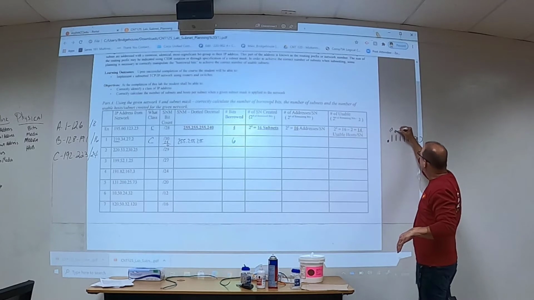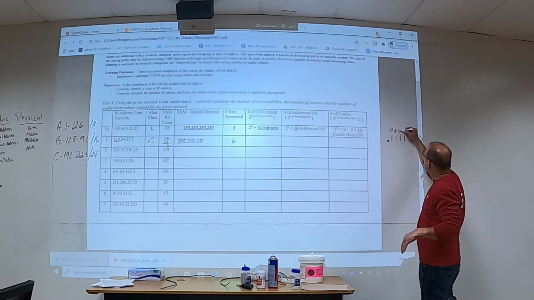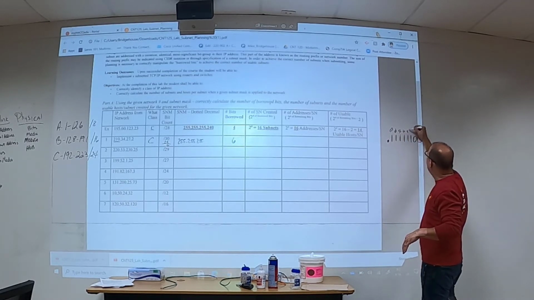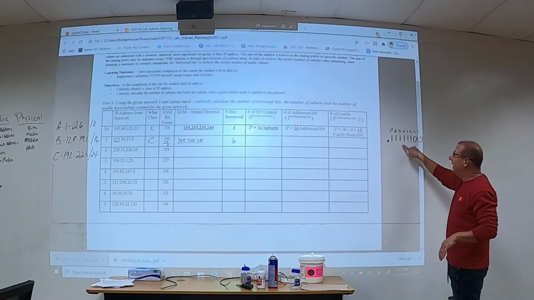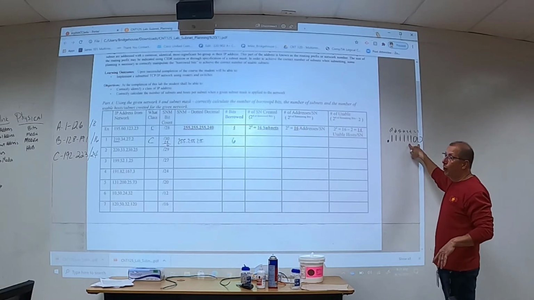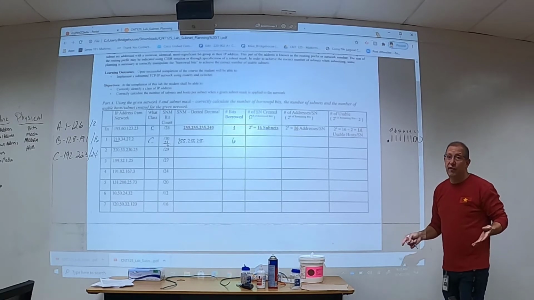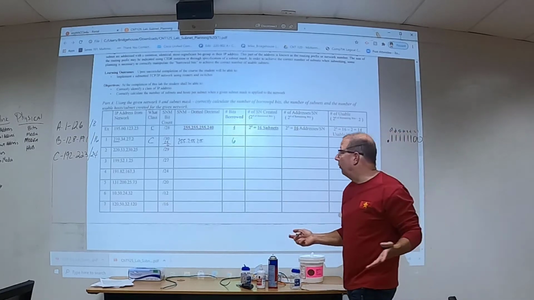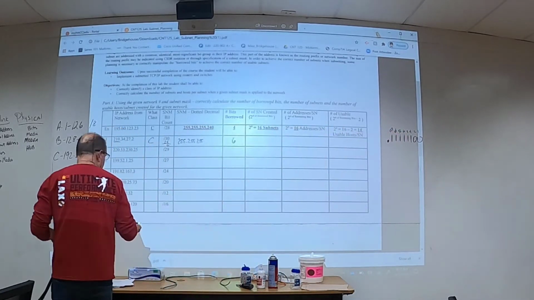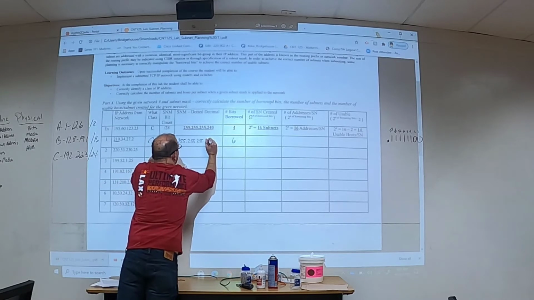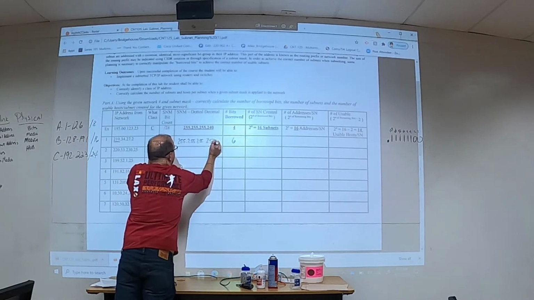This guy is worth 64, 32, 16, 8, 4, 2, and a 1. Okay? As you can see, I didn't borrow the last 3 bits, the 2 and the 1. I didn't borrow that. 255 minus 3 is 252. So my subnet mask is 252.